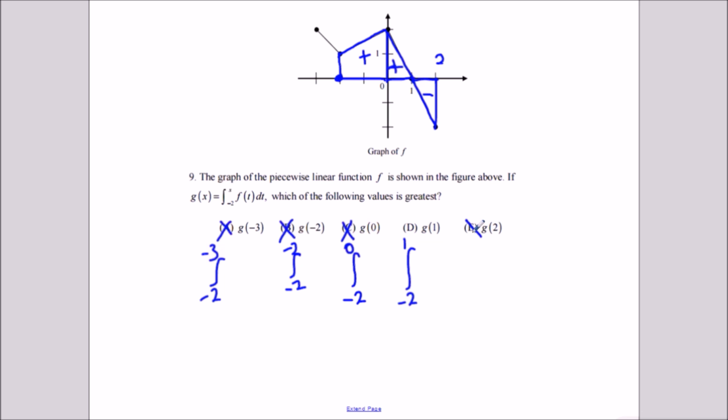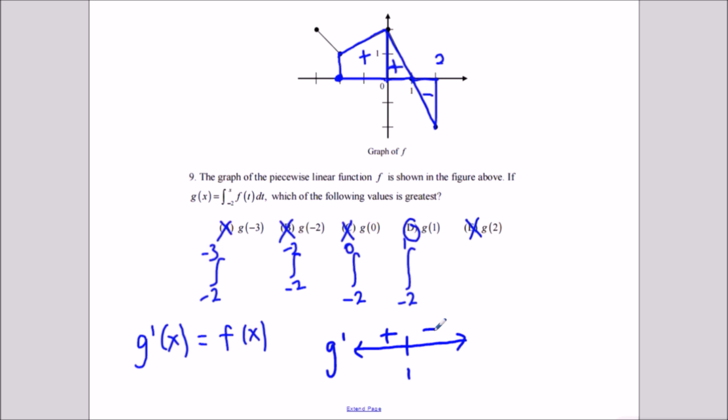The other way of breaking this down is to use fundamental theorem of calculus part 2. If you want to find a maximum value of a function, you take the derivative, which the derivative of g is going to equal f of x by fundamental theorem of calculus part 2. And if we look for a sign change in g prime, the only sign change occurs at 1, and it's a sign change from positive to negative.